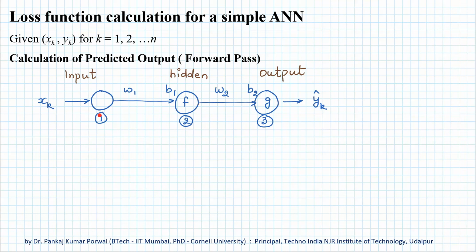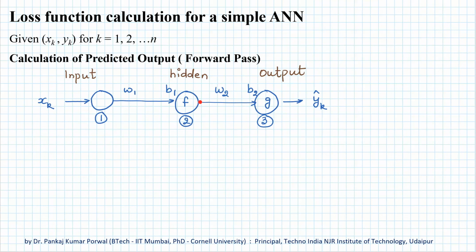Let's number the node in the input layer 1, the node in the hidden layer 2, and the node in the output layer 3. The weight of the link between node 1 and 2 is W1. The bias of node 2 is B1. The weight of the link between node 2 and 3 is W2, and the bias of node 3 is B2.